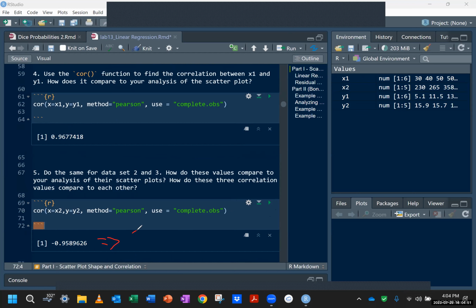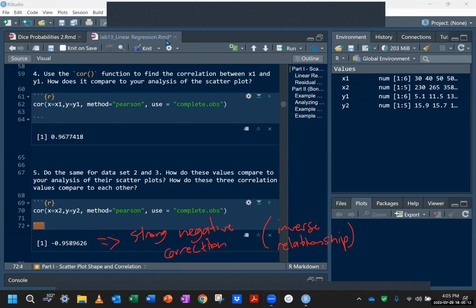That means strong negative correlation. It means the slope is negative. They're inversely related is another way to say that. It means when one variable goes up, the other goes down.